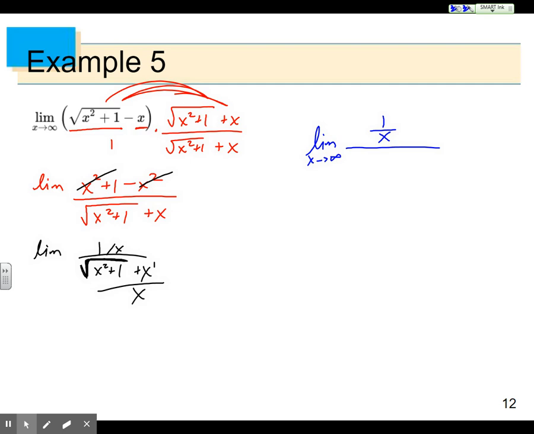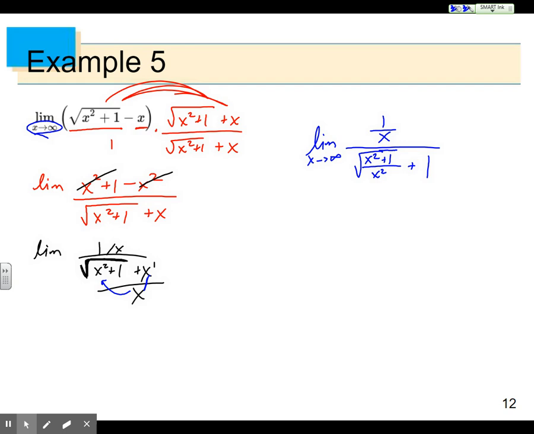Well, we know what that's going to do. Remember, in order to go in here, since x is approaching positive infinity, I'm going to divide by the square root of x squared. While this x over x right here will just become plus 1.